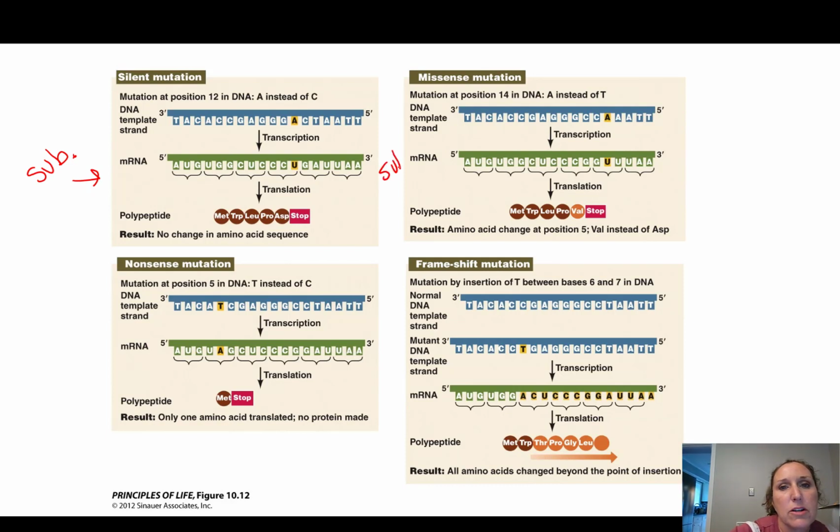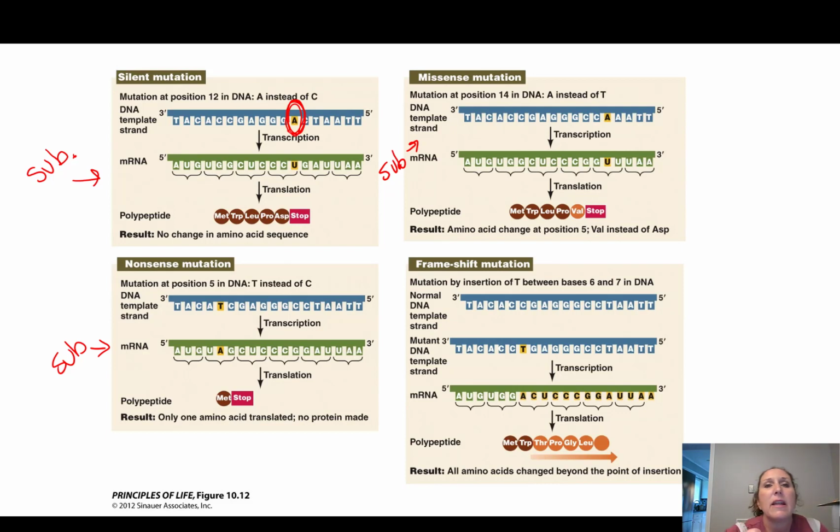All three of these are substitutions. All right. So if I substitute, in this case, we have an A. Oh, okay. I'm sorry. They're just showing you the mutation. So this one is mutated.